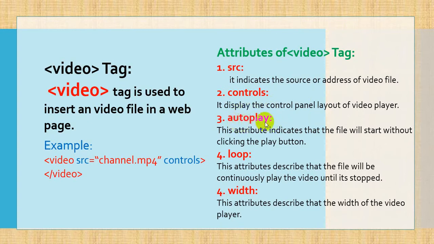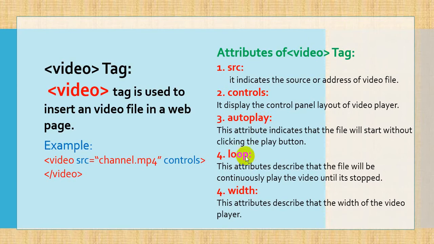If you use autoplay, your video file will start playing without any play button. You do not need to click on the play button, your video file will start automatically. So you have to use the autoplay attribute.